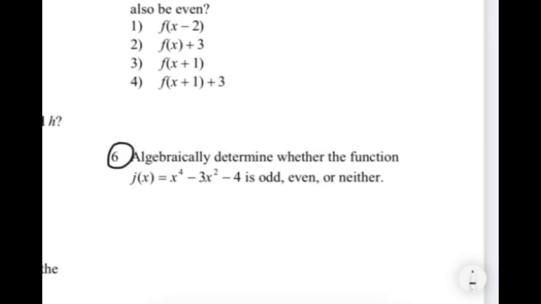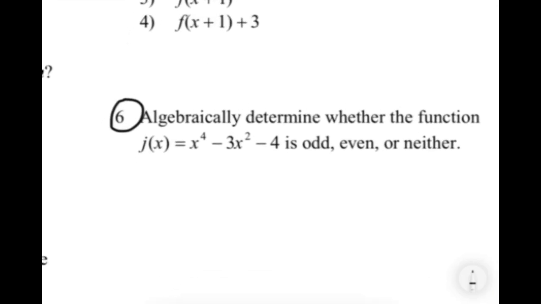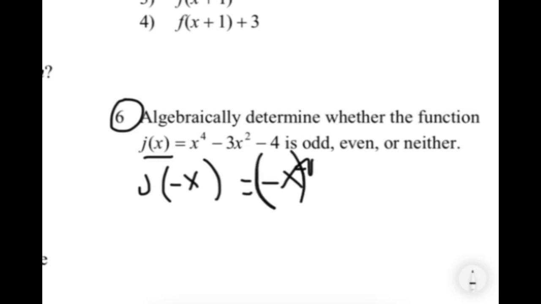So the first thing that we want to do is rewrite the equation with negative x. So we're going to do j of negative x equals (negative x) to the fourth over 4. We have to do this in parentheses. Minus 3 times (negative x) over 2 minus 4.